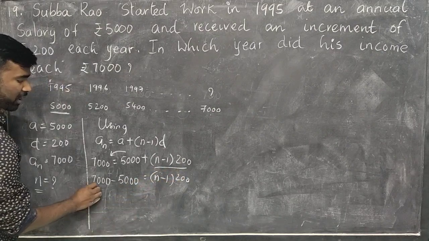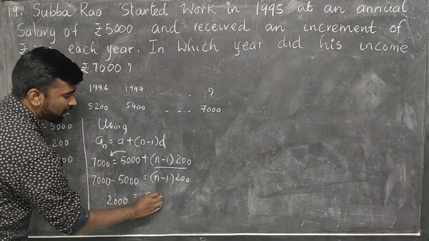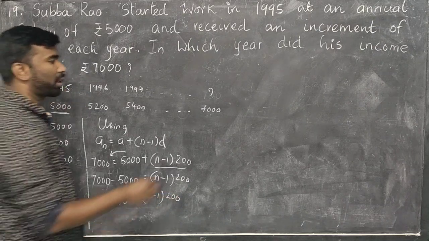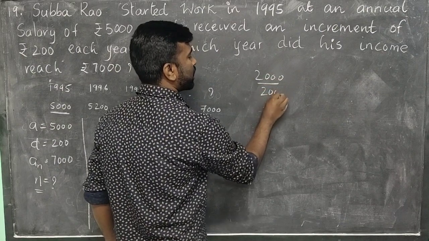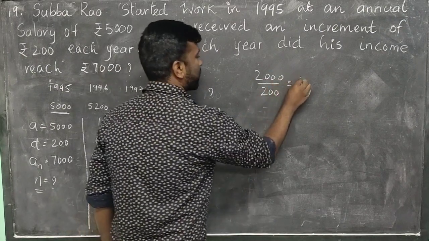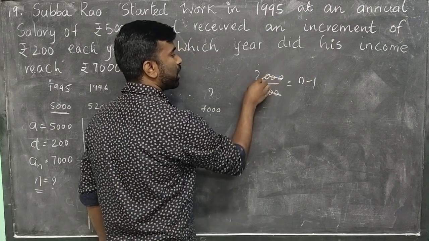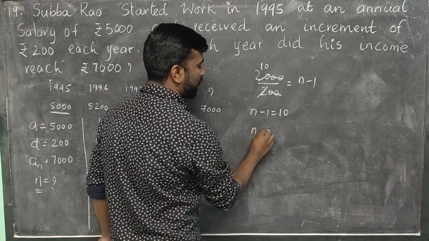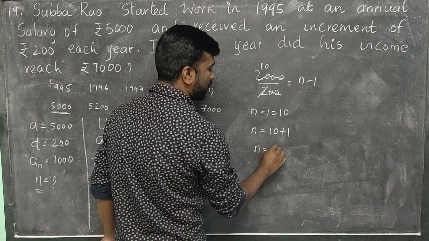Divide both sides by 200: 2000 divided by 200 equals n minus 1. Two zeros cancel out, 2 tens are 10, so n minus 1 equals 10, therefore n equals 10 plus 1, that is n equals 11.